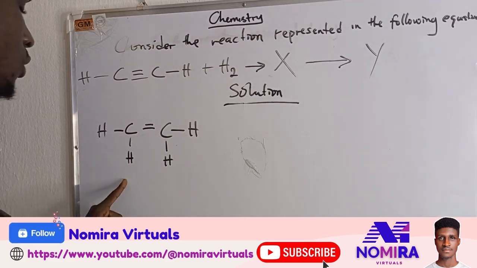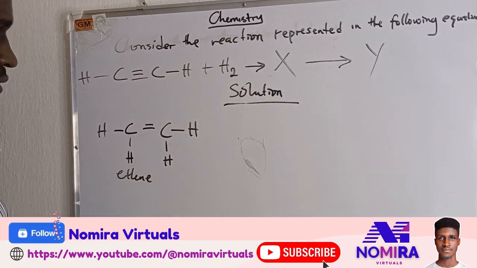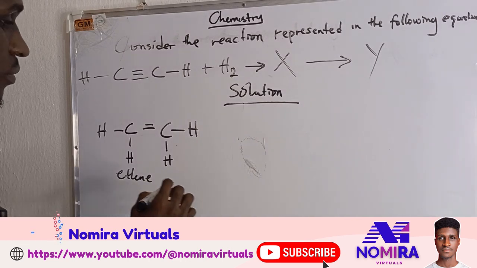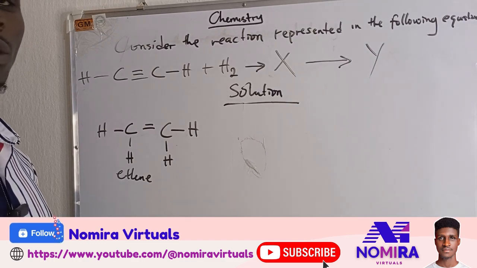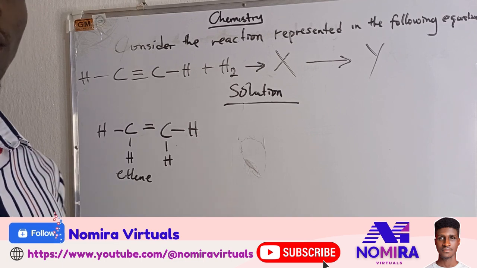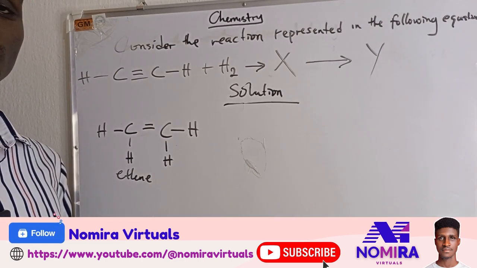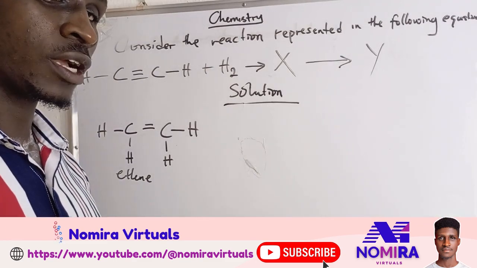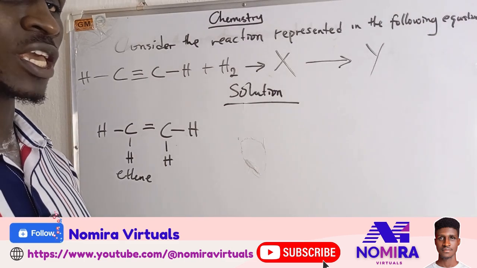Now, at this point, what we have here is ethene. Then this ethene is also unsaturated. The purpose of this reaction is to attain stability, in which case this ethene will still have to undergo a further step reaction to lead towards formation of an alkane.